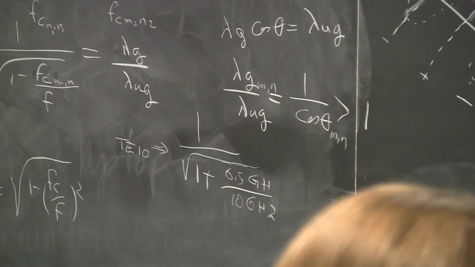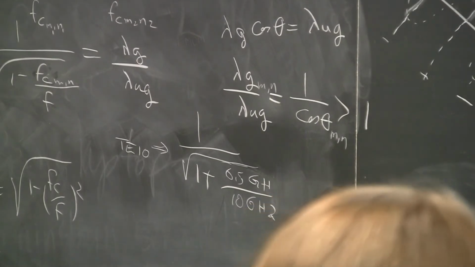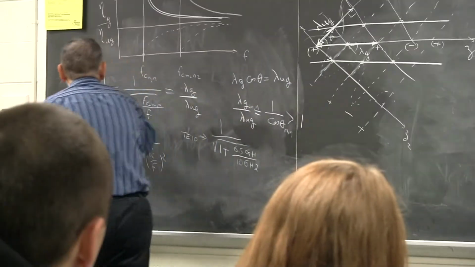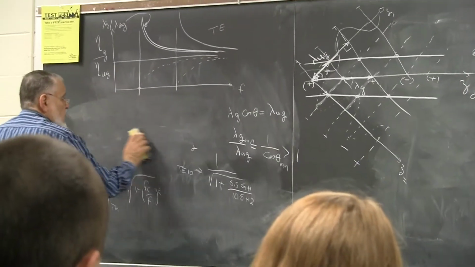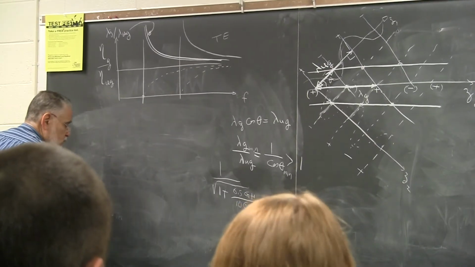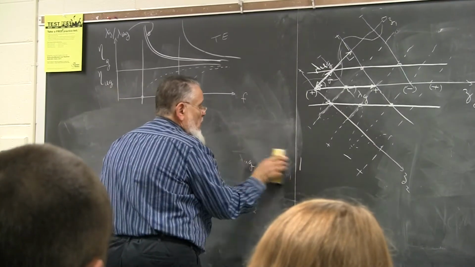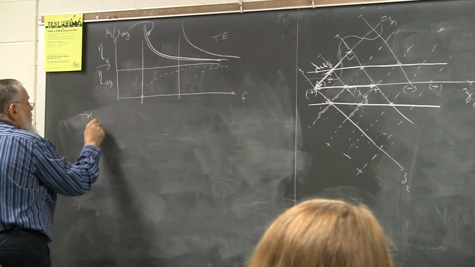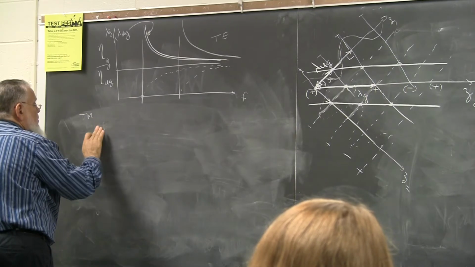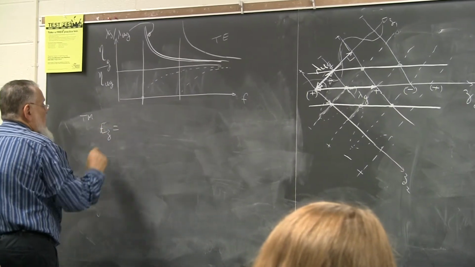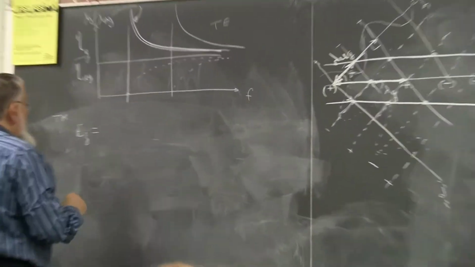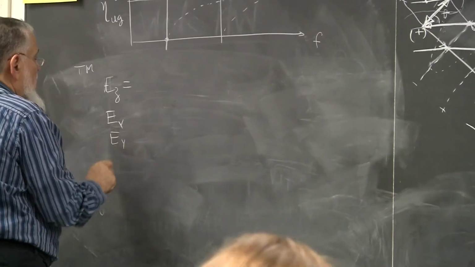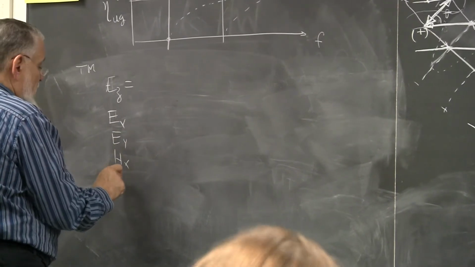What else would I... There was one thing, yeah, I wanted to show the TE and the TM modes on the spectrum. Yeah, that was the last time. For the TM modes, if you remember the expression, we had E sub z was in the form of, and we have EX, EY, HX, HY.